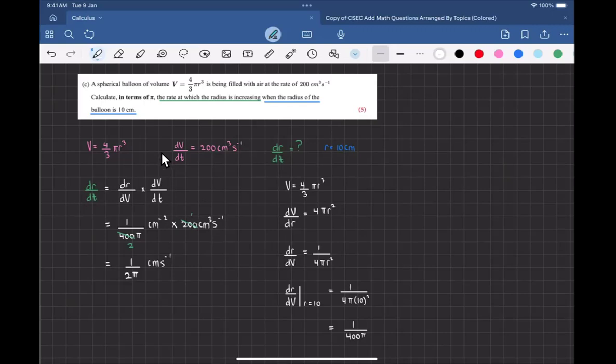That would be dRdt. So they want to figure out the rate at which the radius is increasing, that'll be radius with respect to time, dRdt, right? When the radius is 10 centimeters.